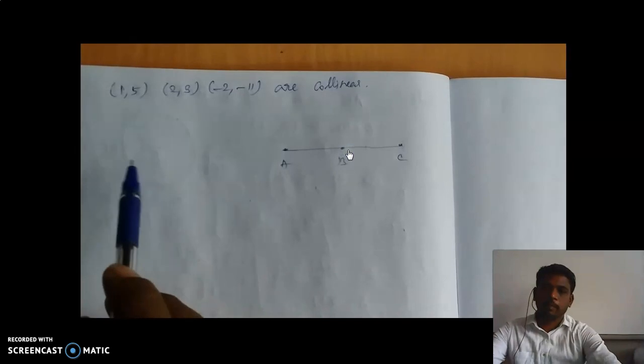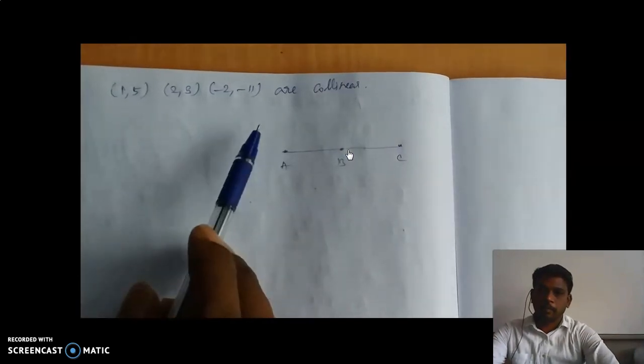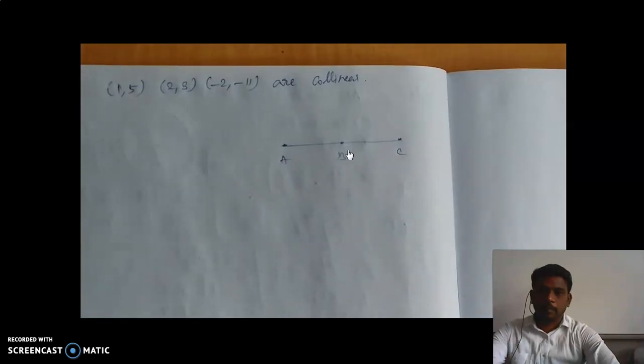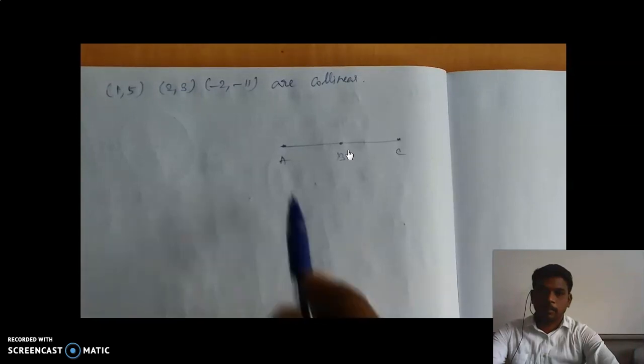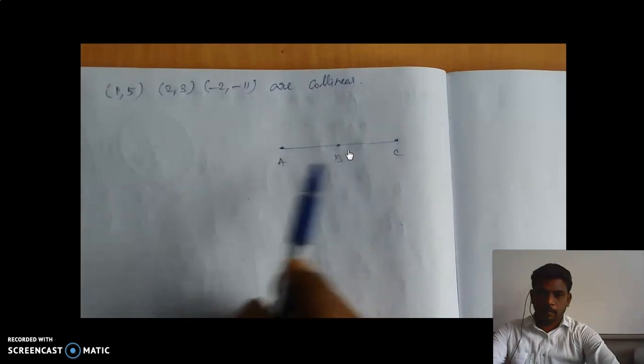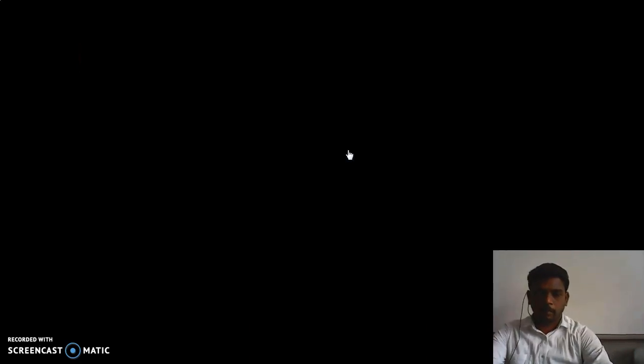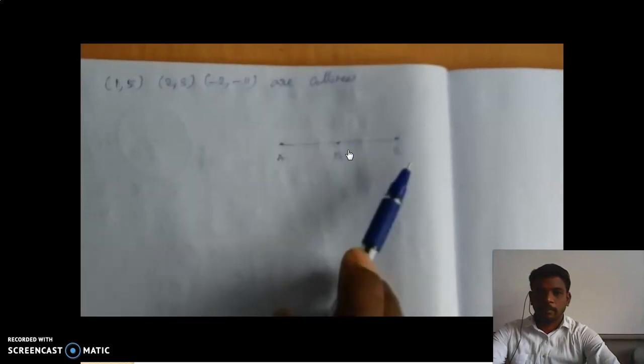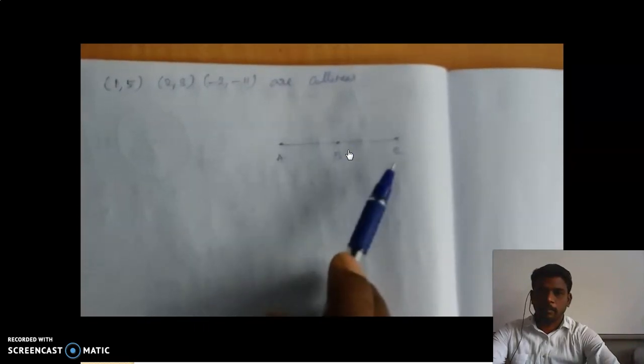Right, now we are going to check whether all the 3 points are collinear or not. When 3 points are collinear, they lie on the same straight line. Like this, it is a straight line, so A, B and C lie on the same straight line, therefore they are called collinear points.